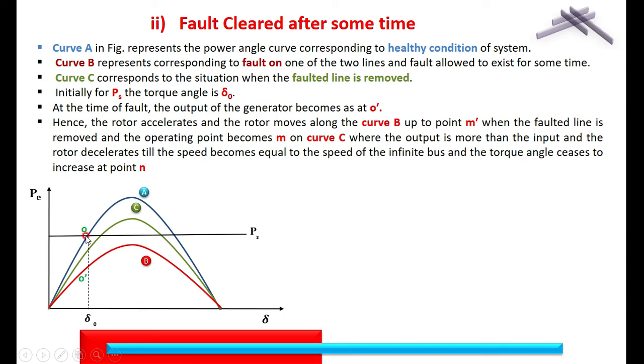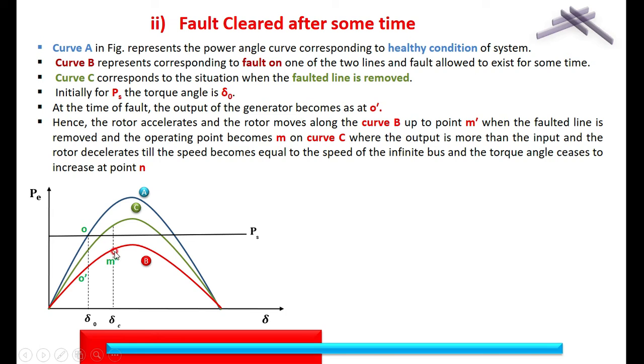When a fault occurs, the operating point shifts from O towards O dash. Then the operating point goes on increasing here, and when it reaches M dash, the fault is cleared.